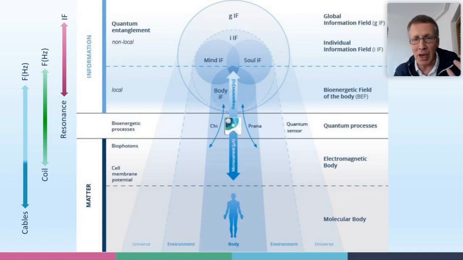But this material molecular body is permeated by what we call the electromagnetic body, which has a down and an upside. The downside of the electromagnetic body is actually electric potentials and electrical particles flowing through the cell membrane, flowing through the matrix in which our cells are embedded, and they're creating potential differences, like voltages, for example, between the intracellular and the extracellular space.